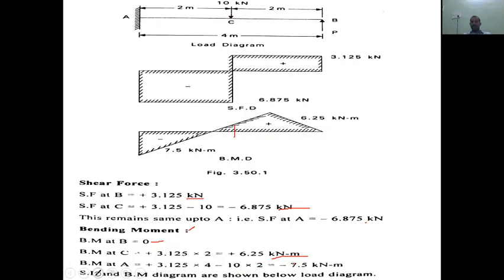You can calculate it is minus 7.5 kilonewton meter. That indicates a hogging bending moment, whereas in the portion B to C we have sagging bending moment.